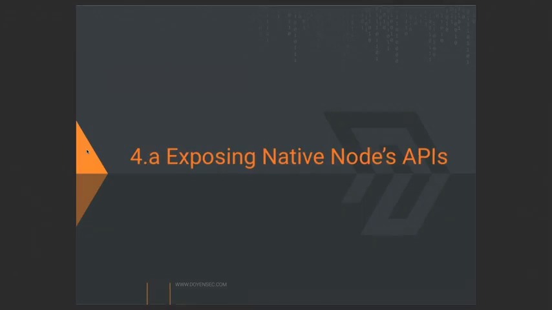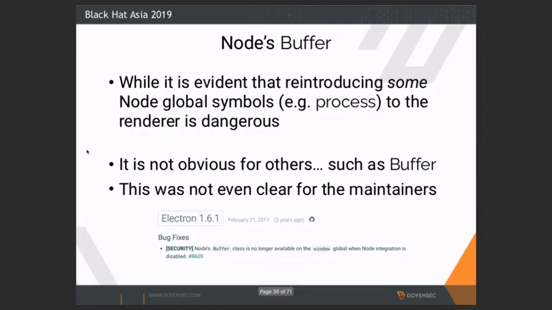Let's start with the first one, which is probably the easiest to understand: the preload has access to Node primitives, and as such, if you mistakenly bring objects from the preload back to the renderer, you are defeating the purpose of the isolation and the preload.